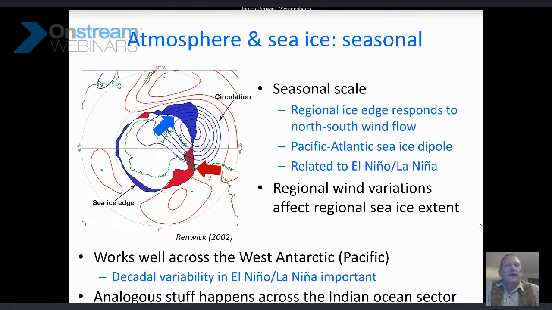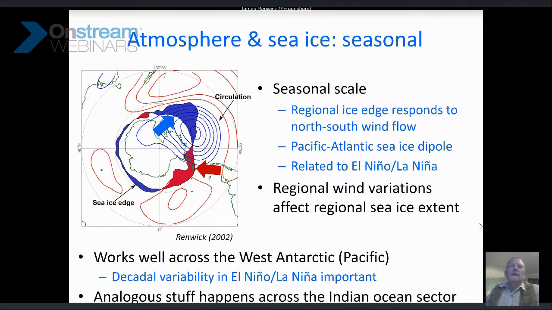There's less sea ice to play with around the Indian Ocean side, but there are influences there. And the Indian Ocean dipole, which is a similar kind of oscillation in sea temperatures in the tropical Indian Ocean compared to the ENSO cycle, appears to have some influence on sea ice around the Indian Ocean side.